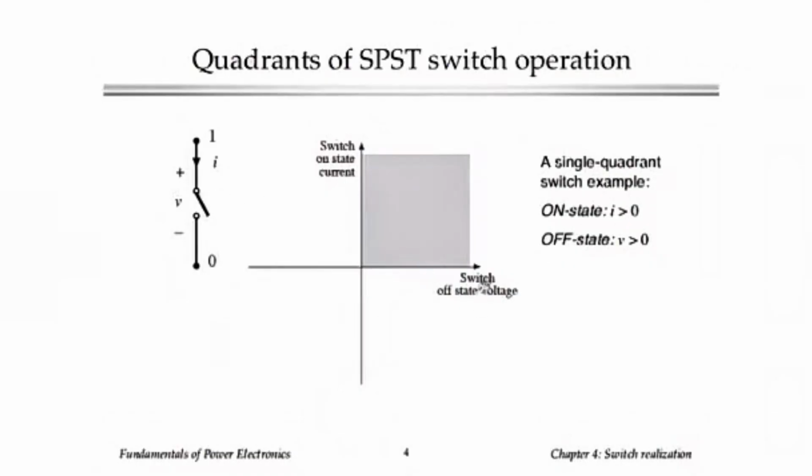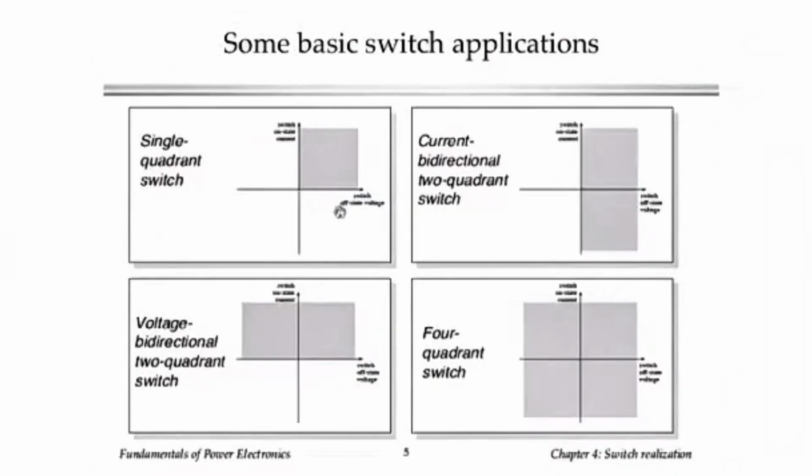When both the off-state voltage and on-state current are positive, this is the first quadrant of this plane, and we call this the single quadrant switch for this particular example. There are many possibilities in different applications that may require one or more of these, and in fact, which quadrant does the switch have to operate in?